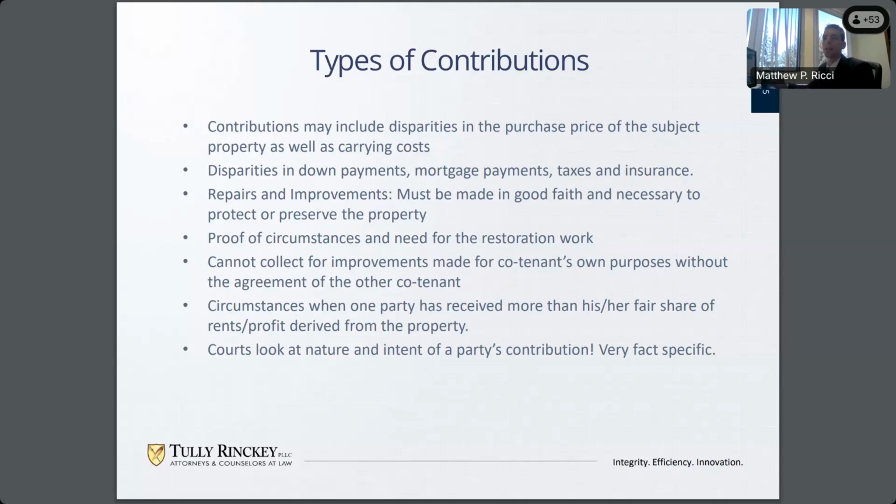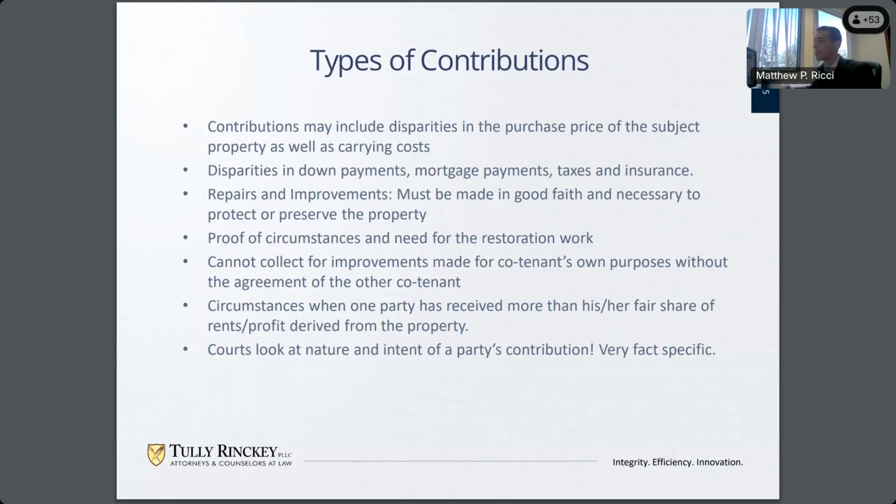So in practice, what does this really mean? Well, the types of contributions, again, they may include disparities in the purchase price of the subject property and what the courts term as carrying costs.